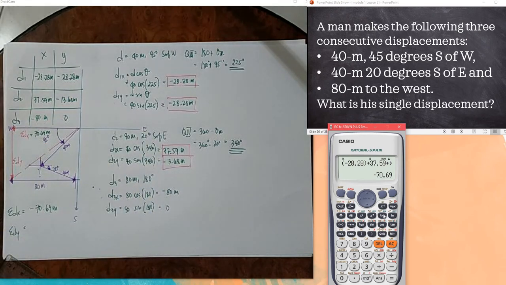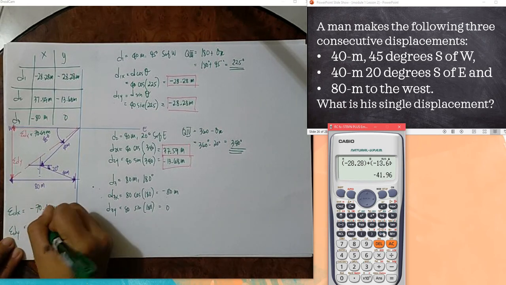Okay, let us go to the y. We have negative 28.28 plus negative 13.68. That is equal to negative 41.96.